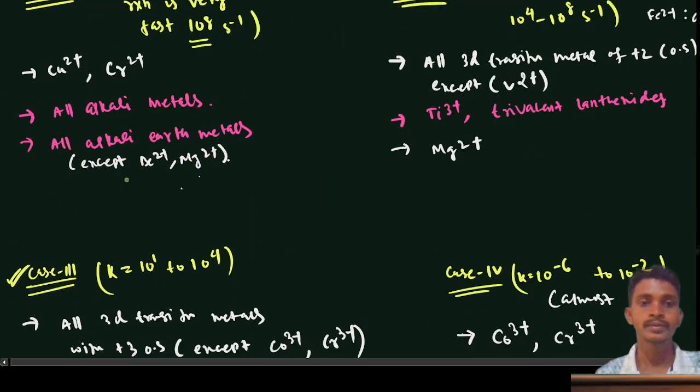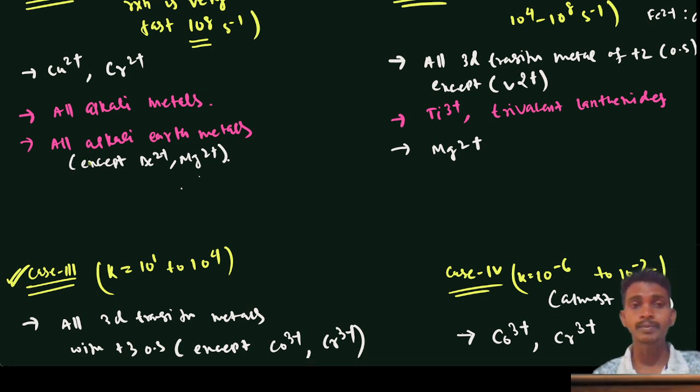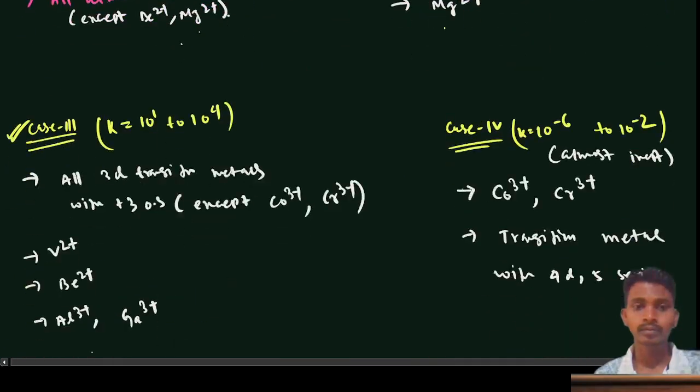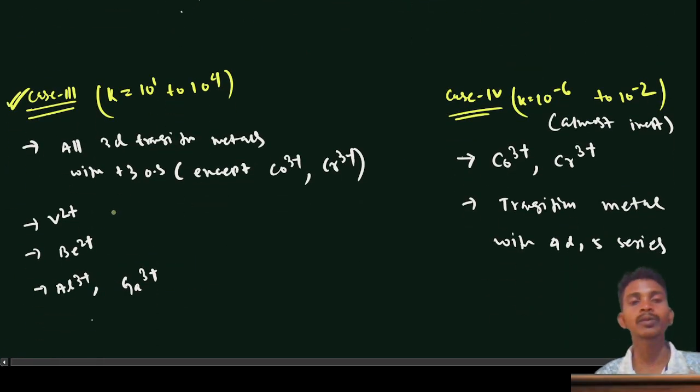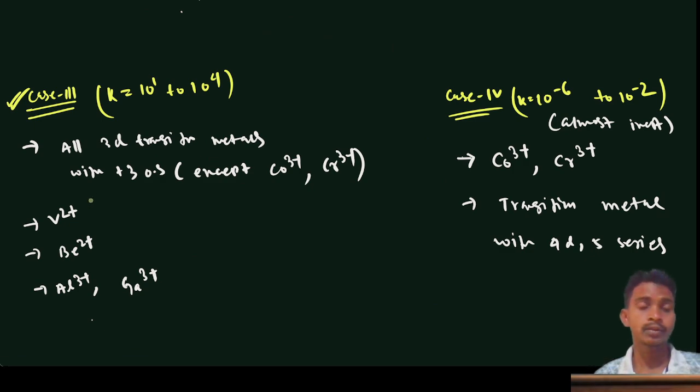Alkali metals and alkaline earth metals fall on the left side, so they have high size, that's why they fall in the first reaction category, and magnesium falls here and in these groups. From the concept also we can understand why these particular elements fall in these categories.